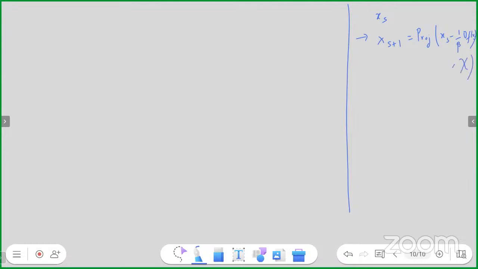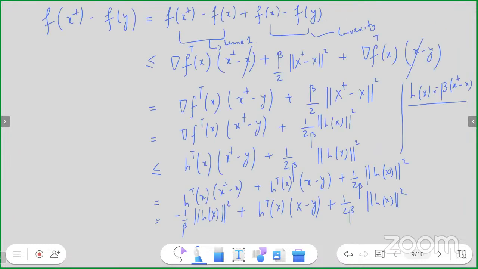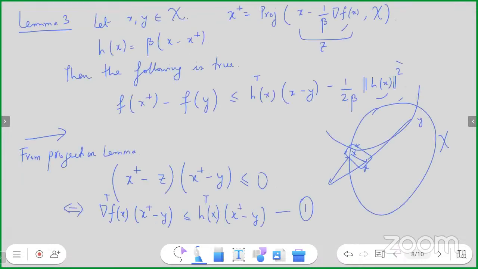That's exactly what xs plus 1 is. So what fits the bill in here? I want x plus to be x of s plus 1, y to be x of s. In one step, how much improvement am I making? How much will this quantity be if I do that? The right hand side.